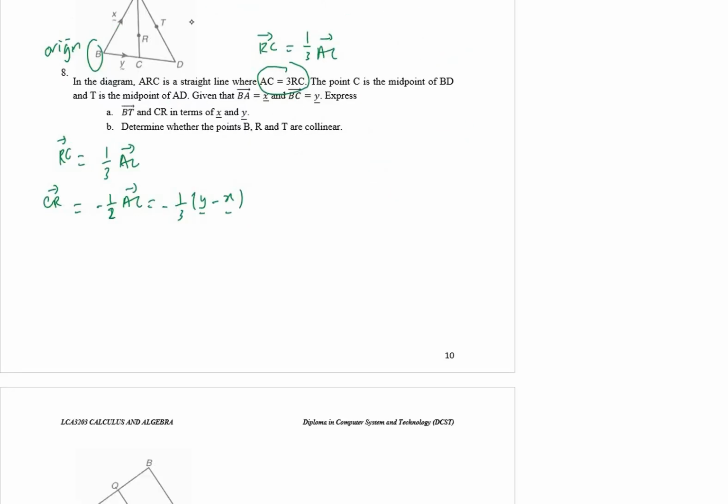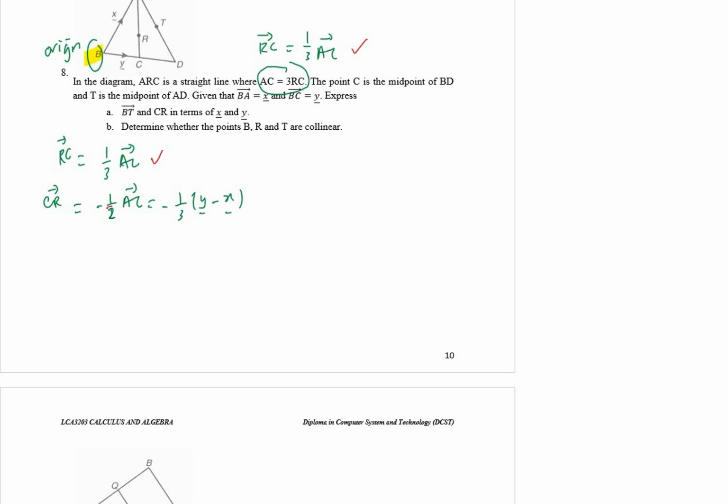Okay, this question number 8, we want to find BT and CR. Okay, so assume that B is the origin. When you have the origin, you are also given AC equals 3RC. So if you move the 3 to the other side, you will have RC is 1 over 3 of AC.